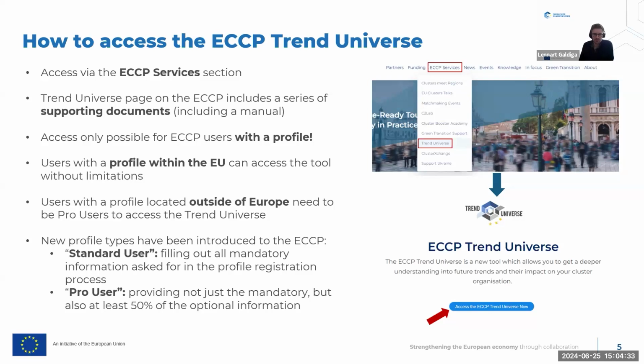For the access, it's important to highlight that you need to have a profile on the ECCP. So it's not only required to be registered, but also to have a profile representing a cluster organization, a cluster member, cluster partnership, etc. And then if your profile or your organization is located within the EU27 or the European Union, you can directly access the tool.